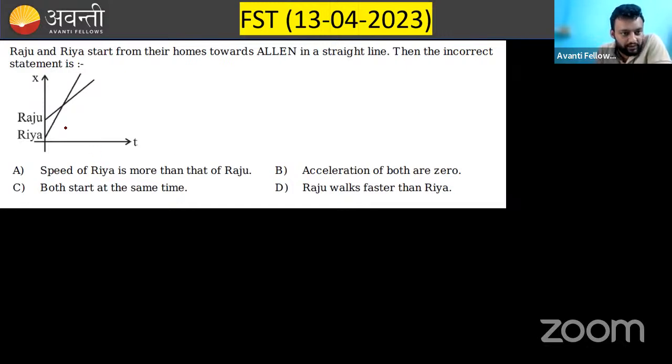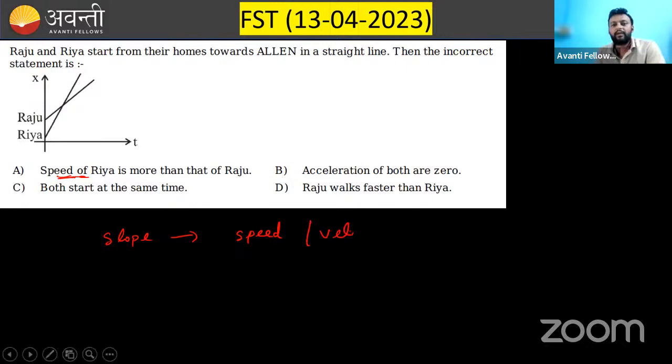From the diagram, the first statement talks about speed. This is a position time graph. Then the slope will give the speed and velocity. Speed or velocity, you can say, because this is moving in a straight line path, then both will be same.